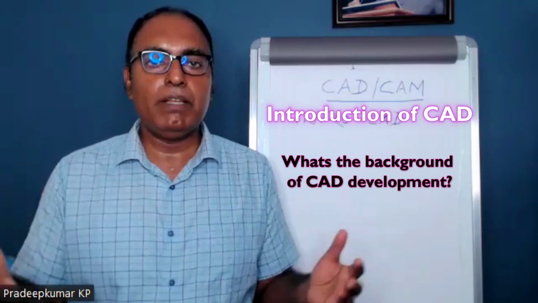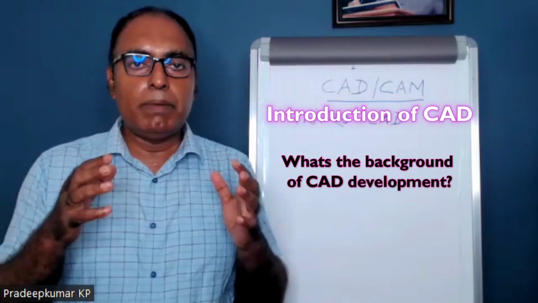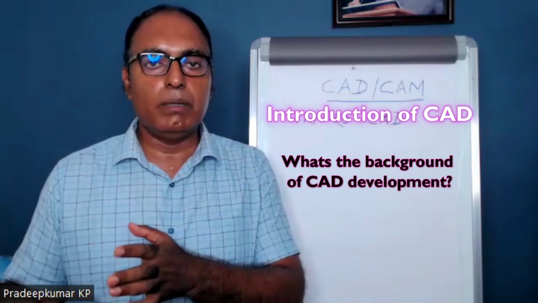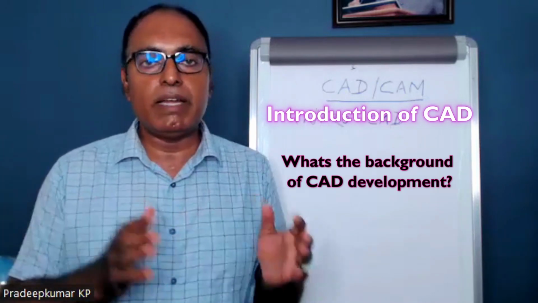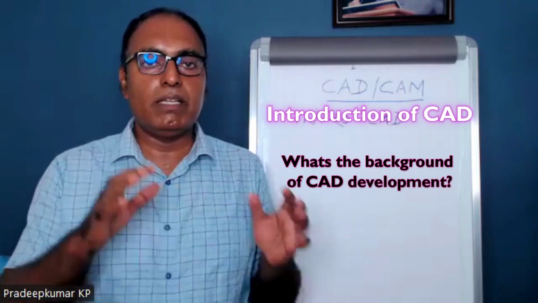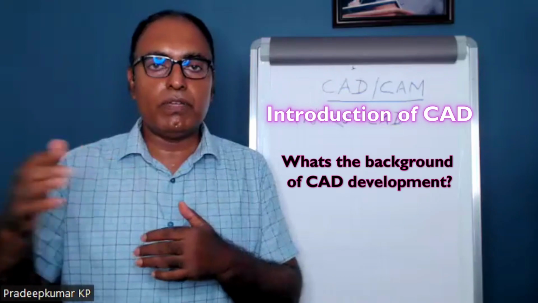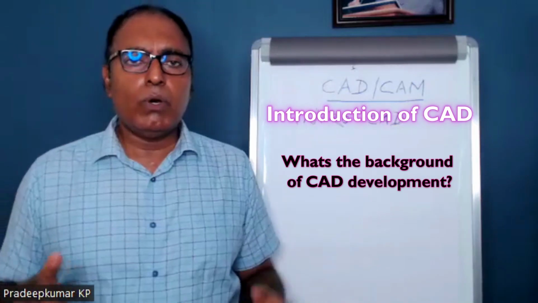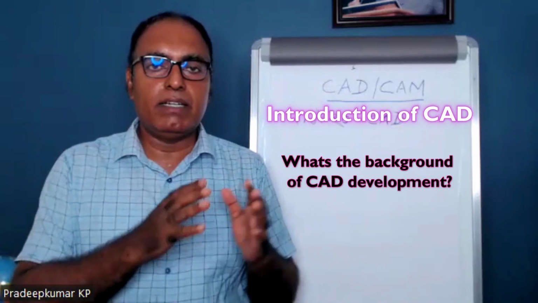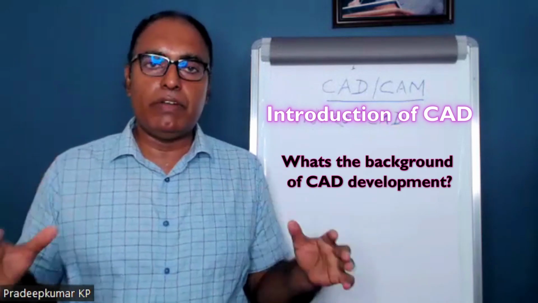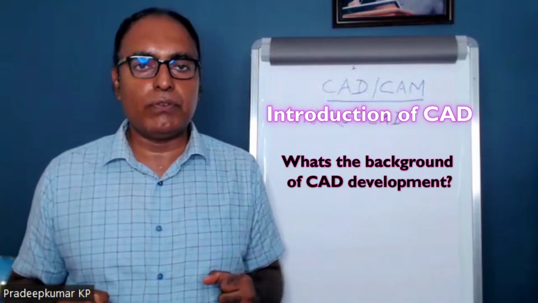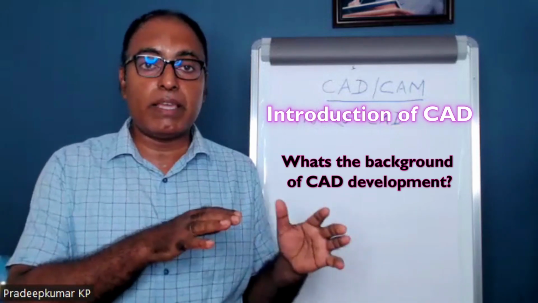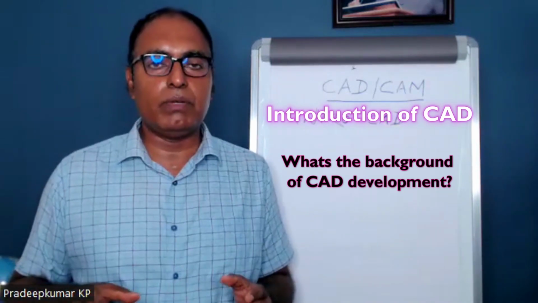Some developed it themselves and offered it to third parties at a certain cost, so it was made available commercially. That's how the software started reaching people who were not involved in its design or development. Around 1980, General Motors thought, we are very effectively using CAD software for our applications, so why can't we offer this software to other people also? So they came commercially and started selling the software to other people.